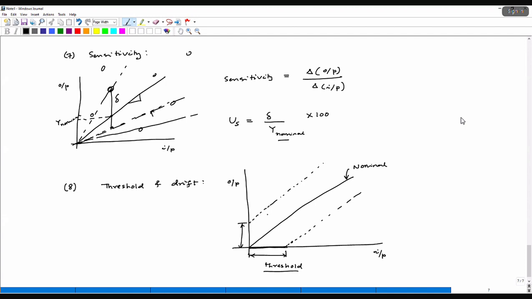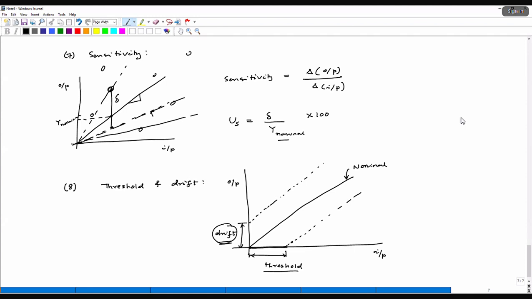You have no input, there is no excitation, but the output is showing up, right? And that is known as drift. When you get any output when the input is still 0 and you expect the output should be 0, but you get a non-zero output, that is known as drift.